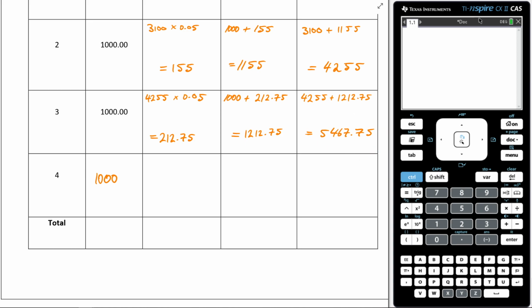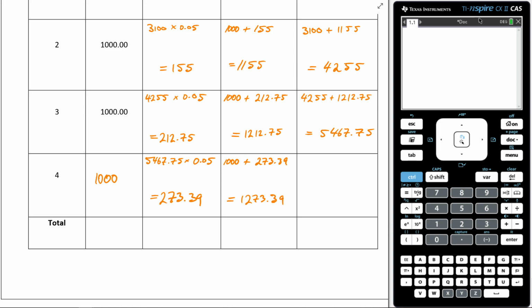So it's going to be 5,467.75 times 0.05 to figure out 5% of that, and that's equal to 273.39. Then I add that onto my payment to figure out my principal increase, so I have a principal increase of 1,273.39.